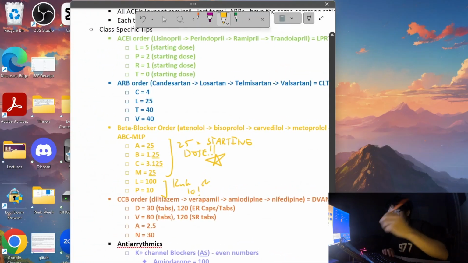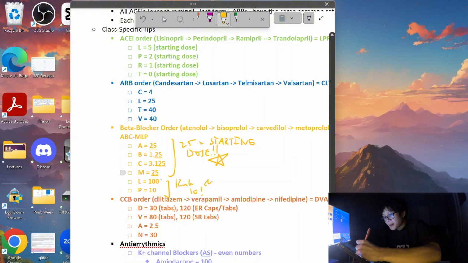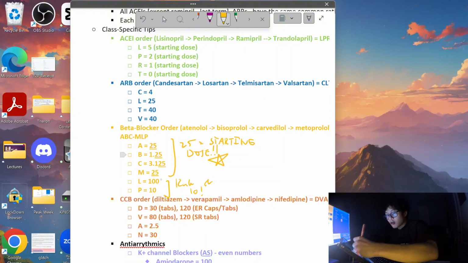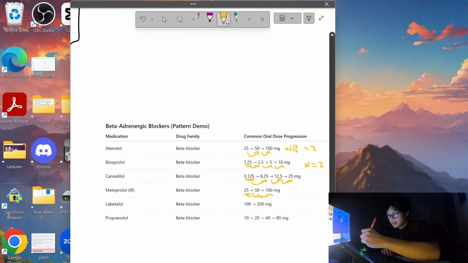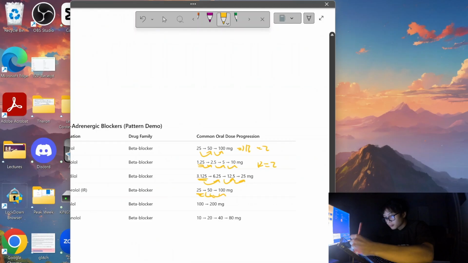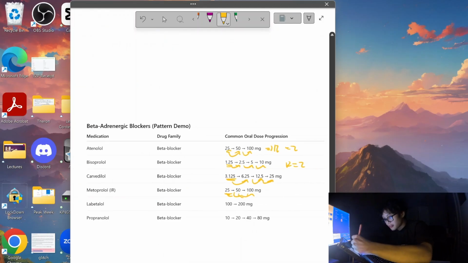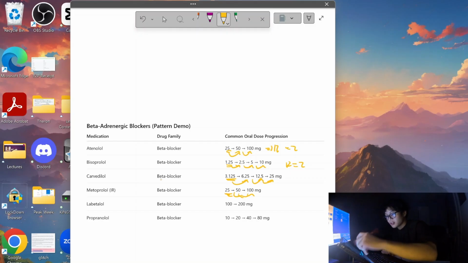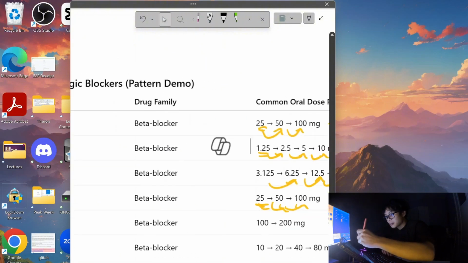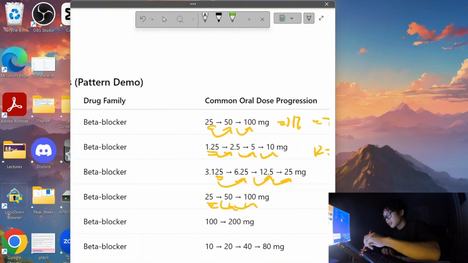But essentially, I noticed that ABCM, atenolol, bisoprolol, carvedilol, and metoprolol, all contained the number 25 in the starting dose. So you can see here, the starting dose for atenolol is 25. The starting dose for bisoprolol is 1.25. The starting dose for carvedilol is 3.125. Right? Each of these contain the numbers 2, 5.